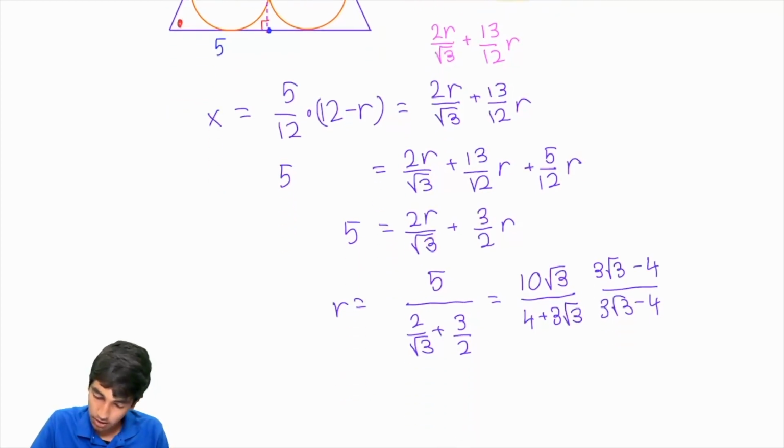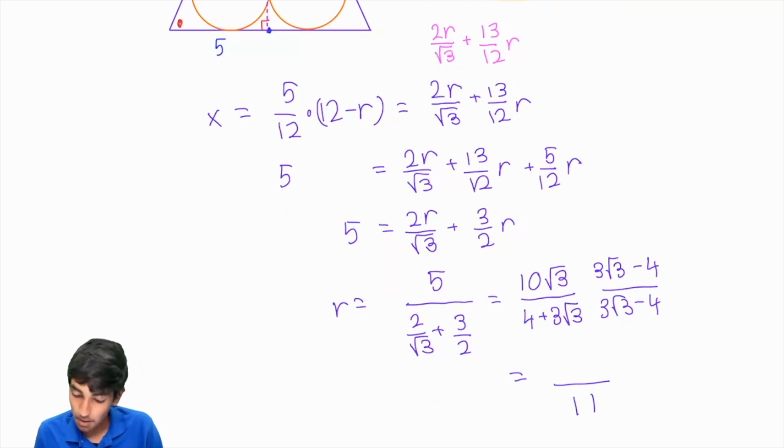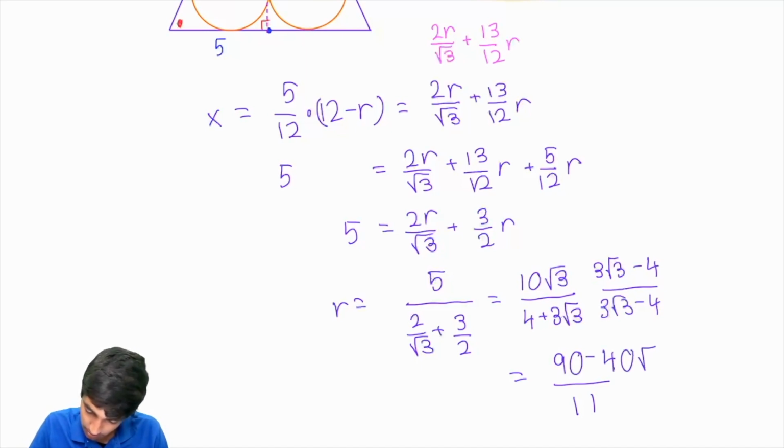And then now this is just difference of squares, so that we got 11 in the denominator. And then in the numerator, we have 90 minus 40 root 3. So that is our answer, 90 minus 40 root 3 by 11.